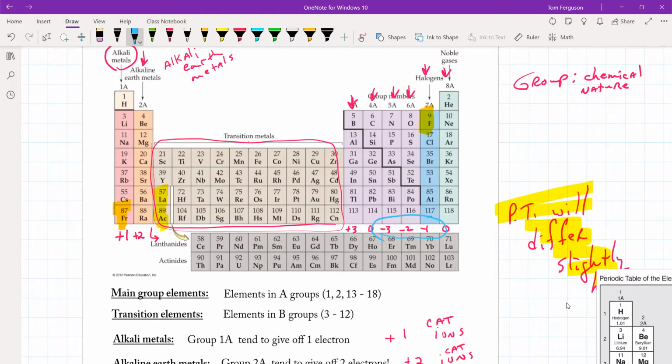That's where those elements want electrons for stability reasons. Down here, they're getting rid of electrons for stability reasons. So they have a very low electronegativity. So the higher the electronegativity, the more they want to form anions. The lower the electronegativity, the more they want to form cations. And we're going to talk about this again and again and again. It's again for stability reasons.